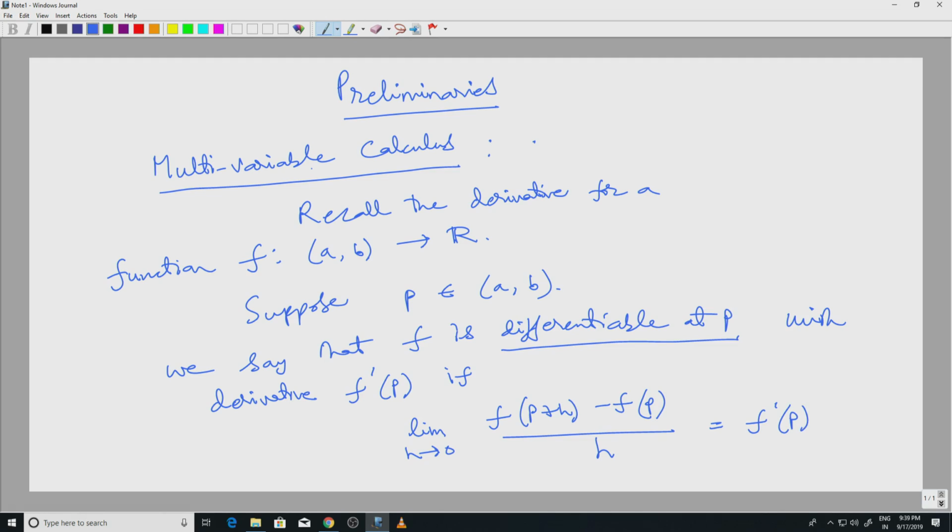So to say that f is differentiable at p means that this limit exists, and the value of the limit we denote by f prime p, and we call it the derivative of f at p.